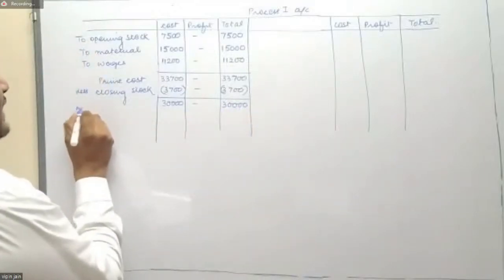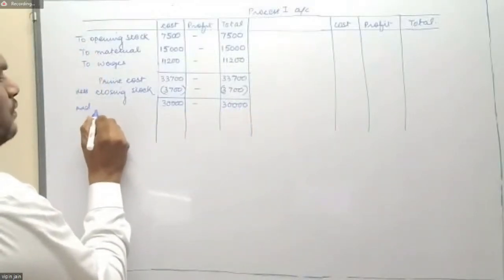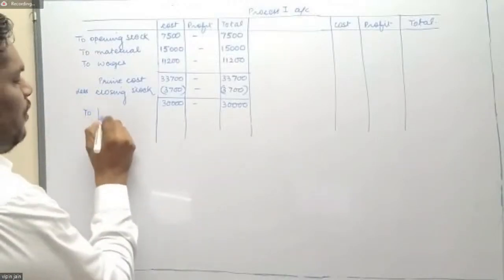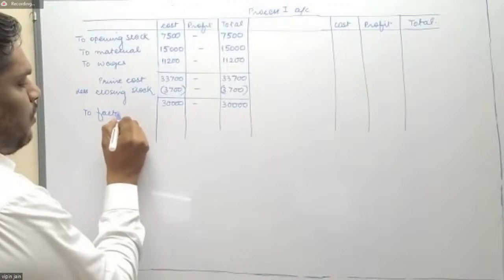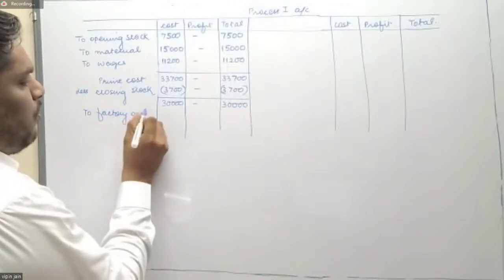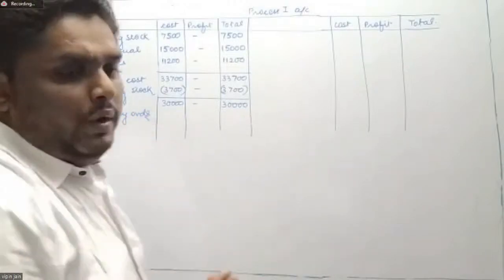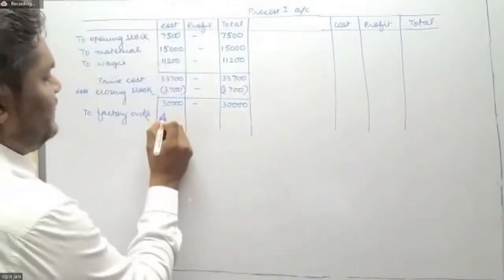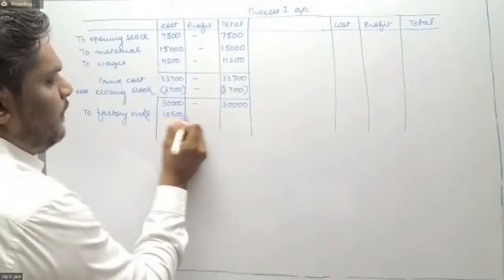We'll add factory overheads also, to get the total cost, that is 10,500 and 10,500.